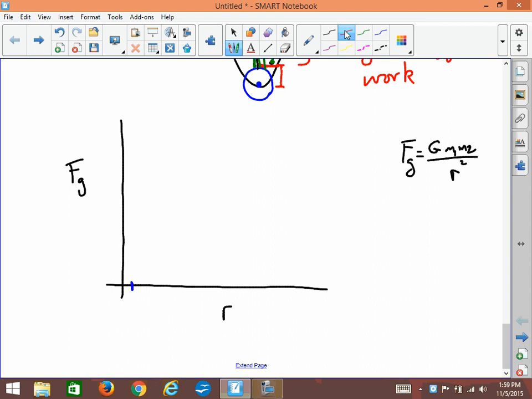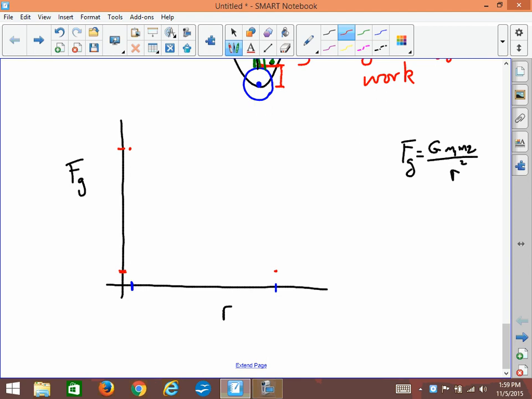So let's put a dot up here to show a fairly high force of gravity. But as you get away from the Earth, at a distance way over here, the force of gravity is going to be much smaller. So I'm going to put my dot very low. Not much gravity force here.